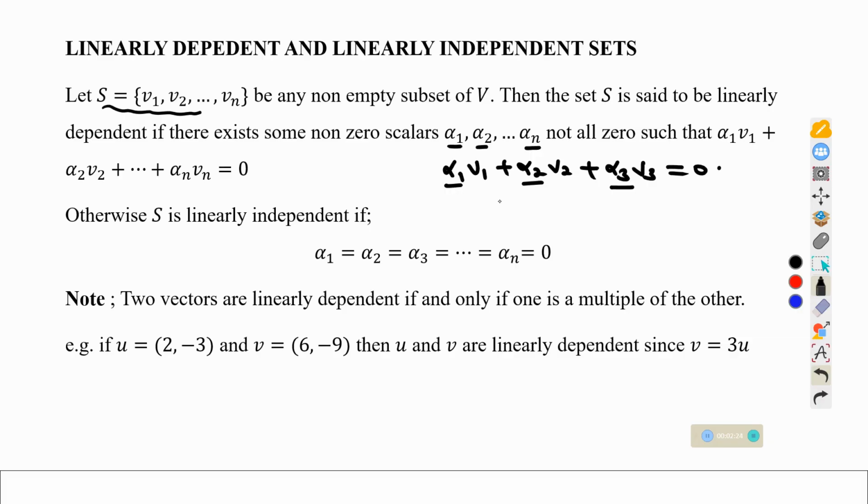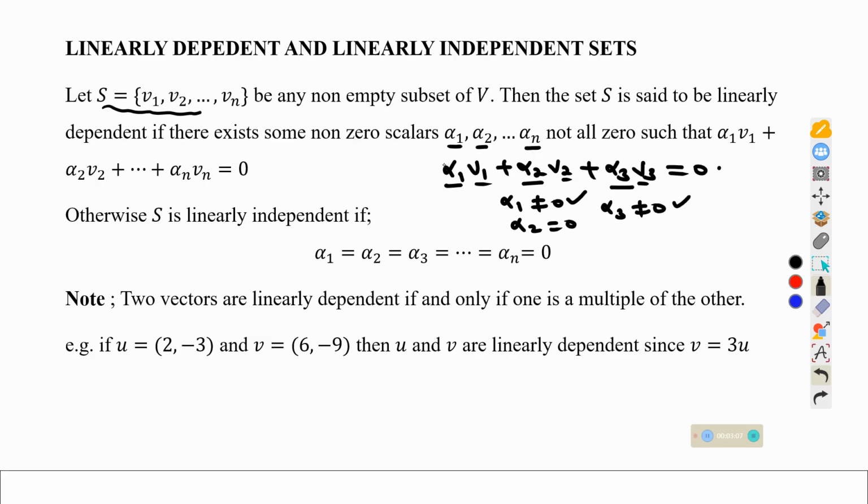But you get the values, for example, alpha 1 is not equal to 0, alpha 2 maybe is equal to 0, and alpha 3 maybe is not equal to 0. So you realize that some of the scalars, alpha 1 and alpha 3, are not equal to 0. Then we shall say that these vectors V1, V2 and V3 are linearly dependent. So for these vectors to be linearly dependent, all of the scalars should not be equal to 0. At least one of them must not be equal to 0.